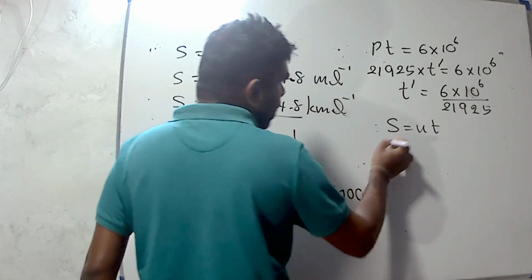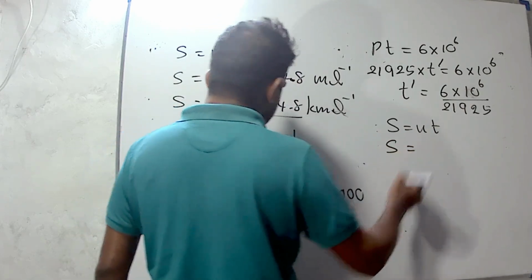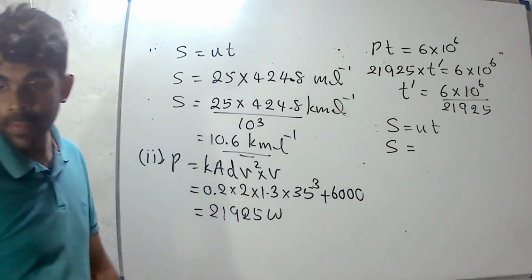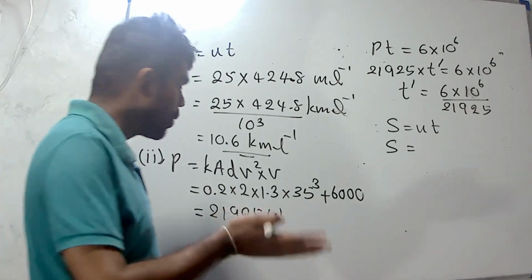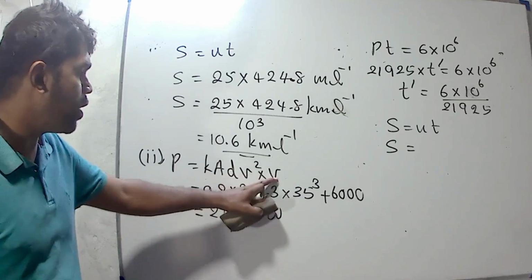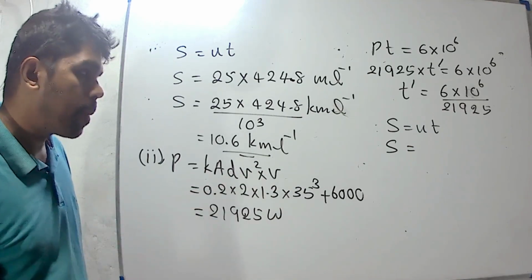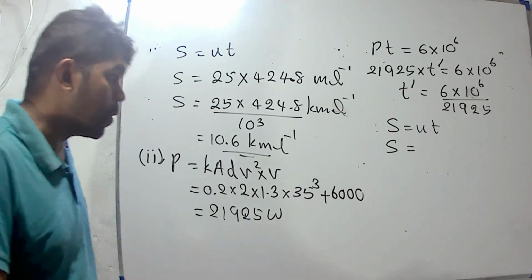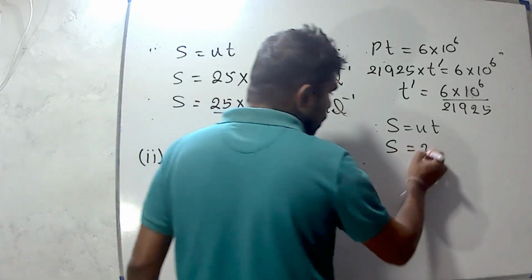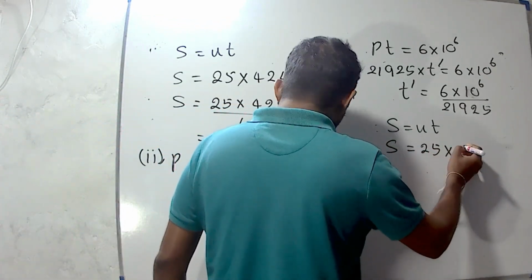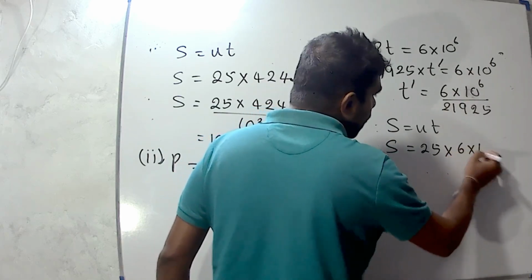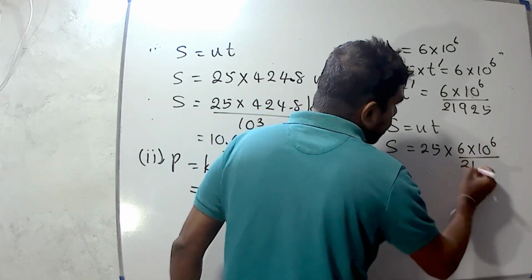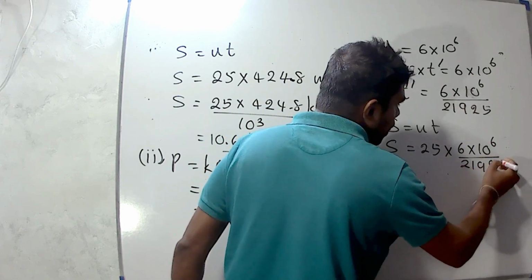We have to find s. Velocity is 25 meters per second. It is not changing. We have to use relative velocity only when getting the drag force. Velocity 25. We have to substitute the time, 6 into 10 to the power 6 divided by 21,925.